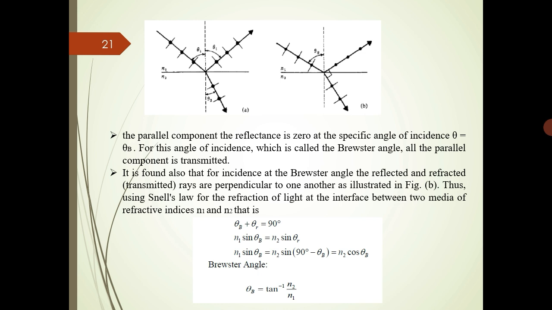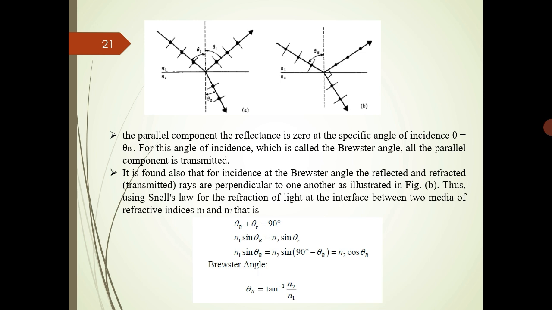For the parallel component, the reflection is 0 at a specific value of the incident angle theta, equal to theta b. This angle of incidence is called Brewster's angle, where all the parallel components are transmitted.